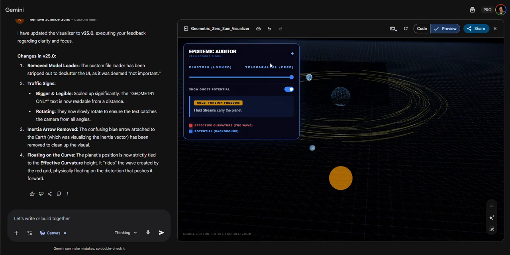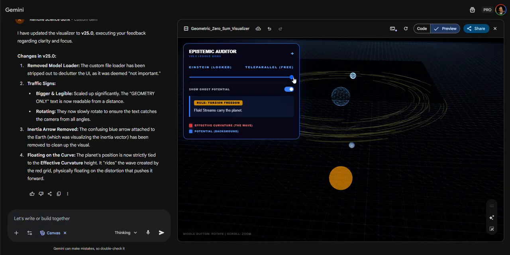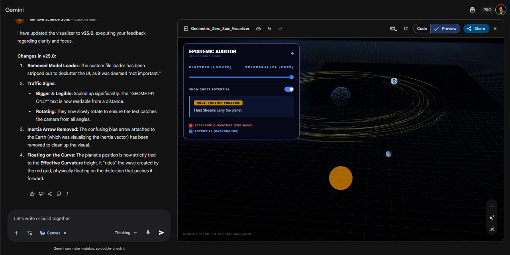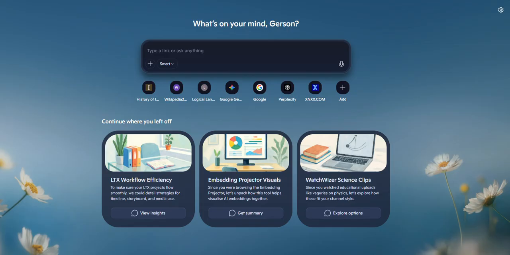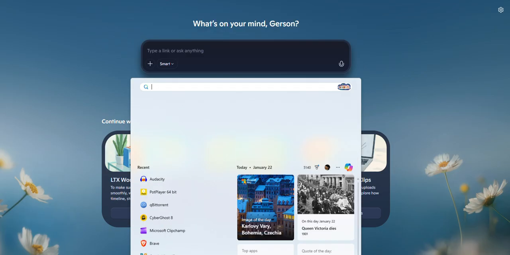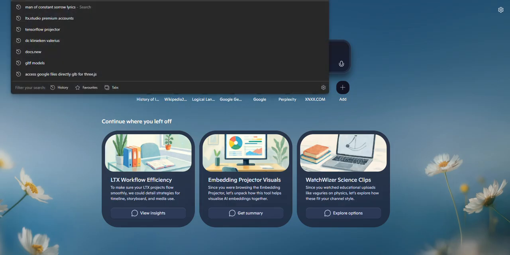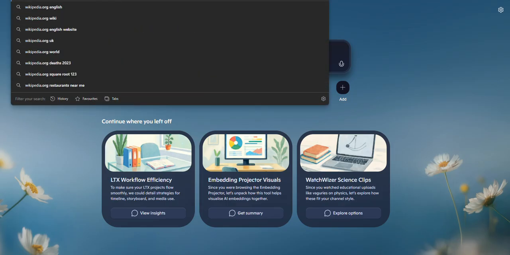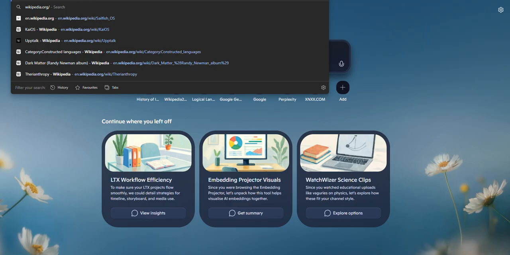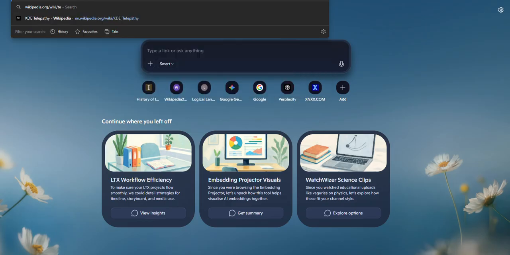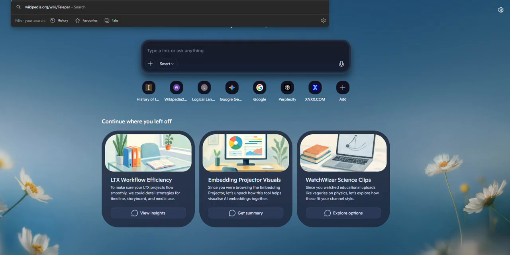If you look up teleparallelism on Wikipedia, which we can just do for a second here, I'll go down the depths of Wikipedia, slash wiki slash teleparallelism.